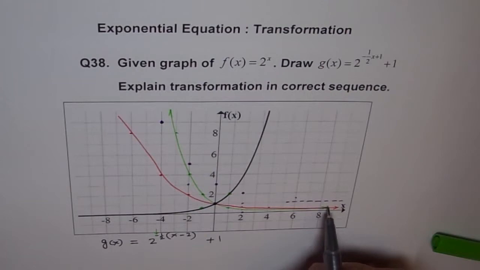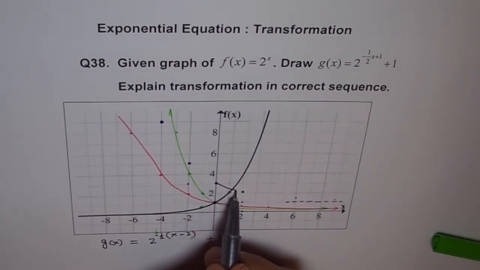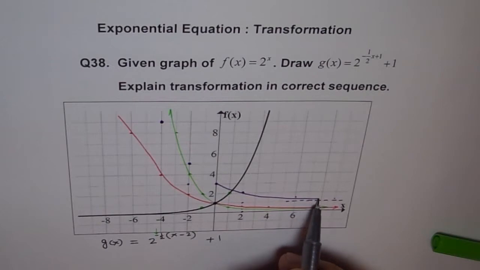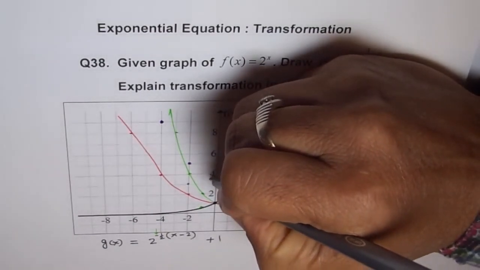So 2 right, so all these points will be very, very close to this, correct? So we have a function here which is the final g of x, kind of going like this, and this becomes the horizontal asymptote.